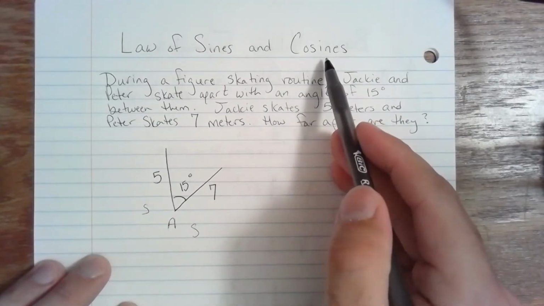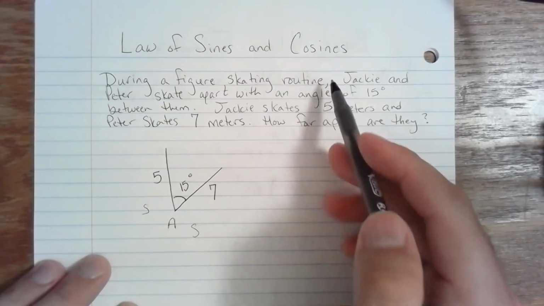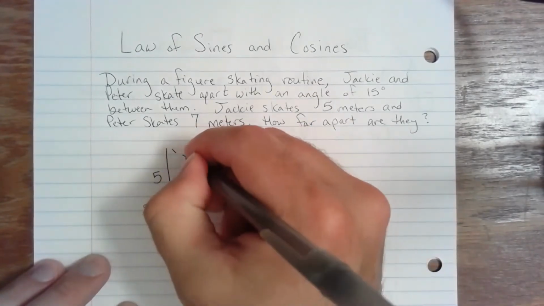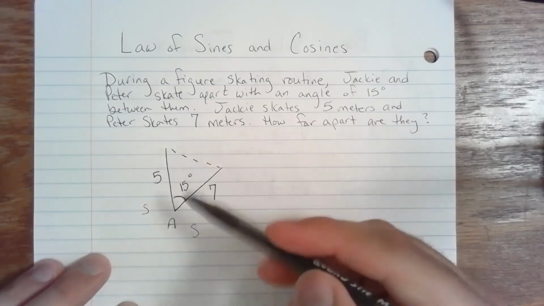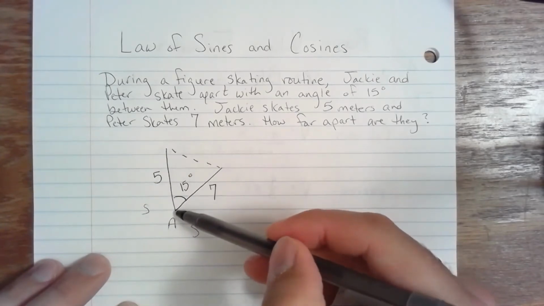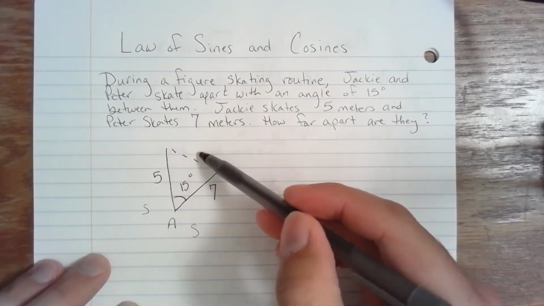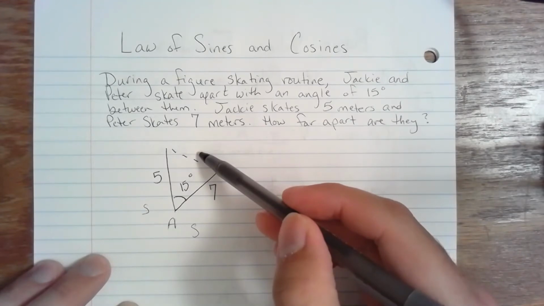So I can use that as a checklist to say, okay, I know this is a law of cosines problem. Other things I can do to convince myself is to say, look, I only have one angle. The only time I can have one angle and still use law of sines is if I have the opposite side of that angle. So I look over here and I go, well, I don't know what that is. In fact, that's what they're asking me to find. And that's one of the places where cosines excel.